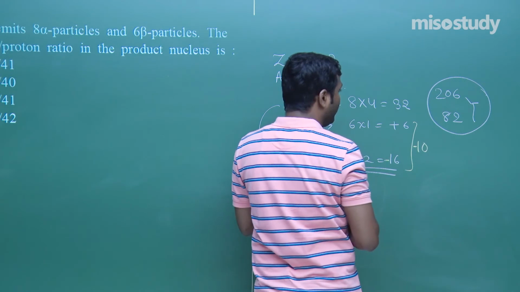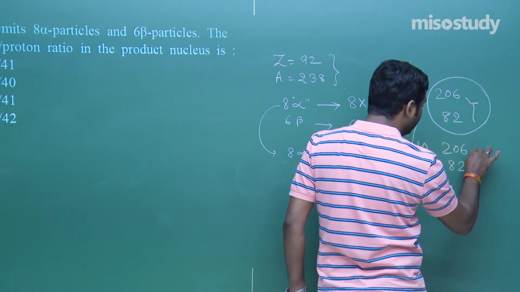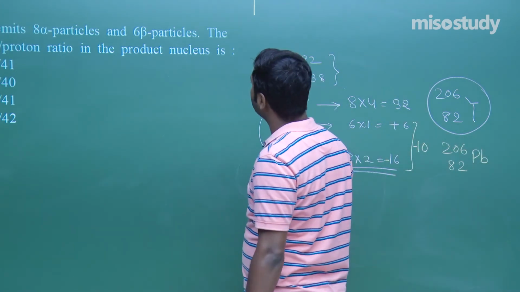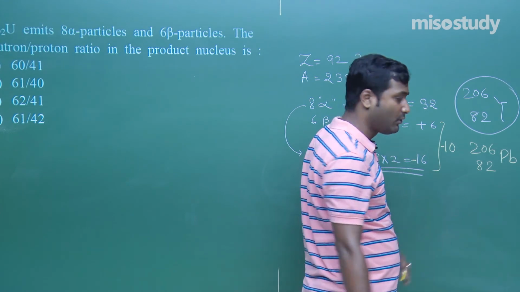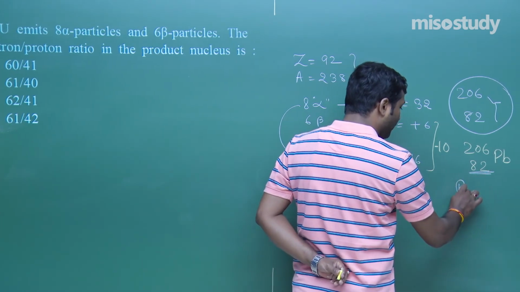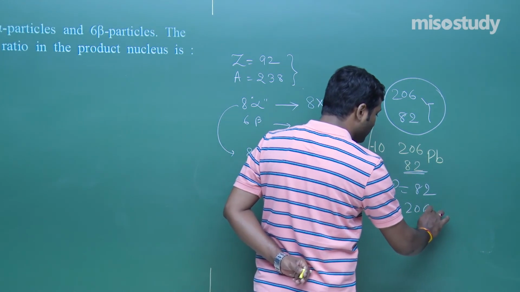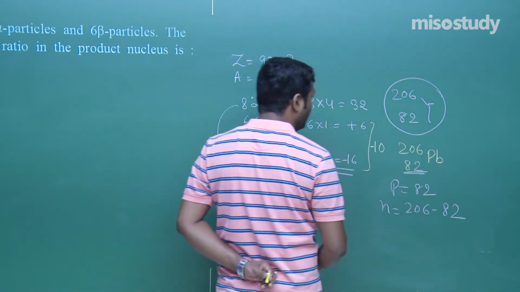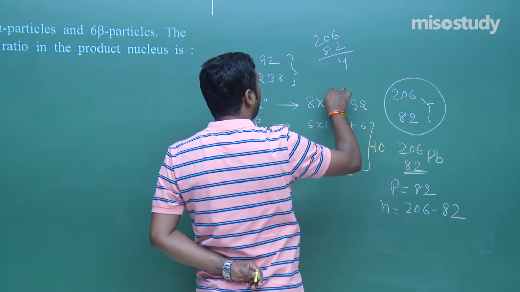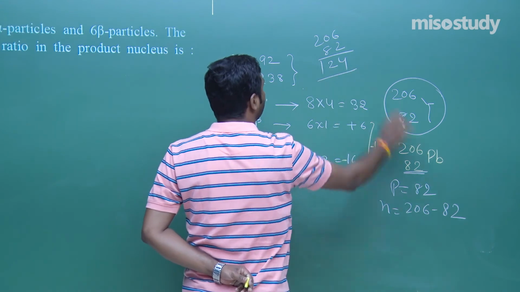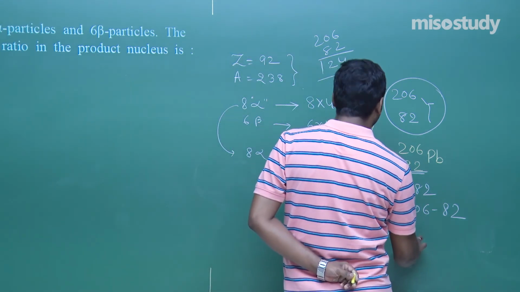And we know this is nothing but Pb, lead 206, 82, my friend. Now, given the neutron proton ratio in the product nucleus. Number of protons is 82, number of neutrons is 206 minus 82, that is 124. Am I right? Yes, sir.